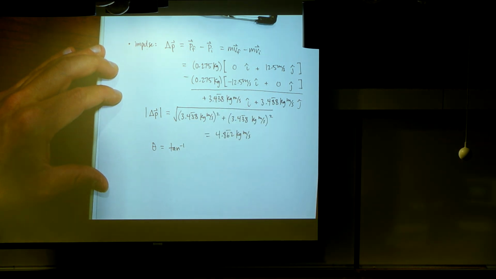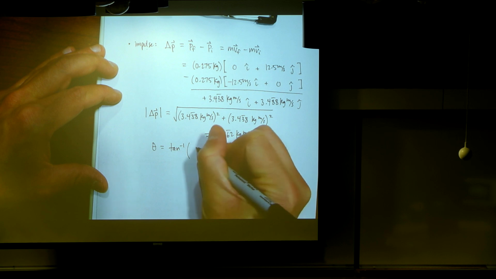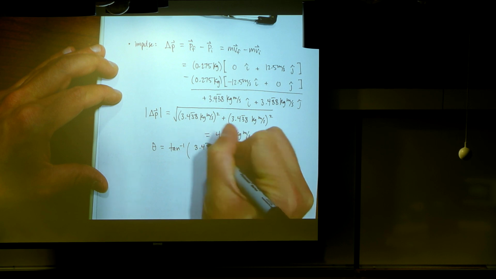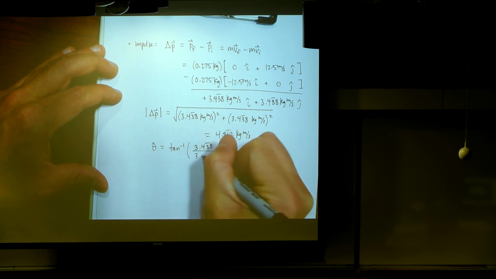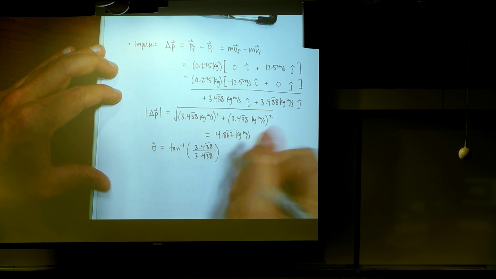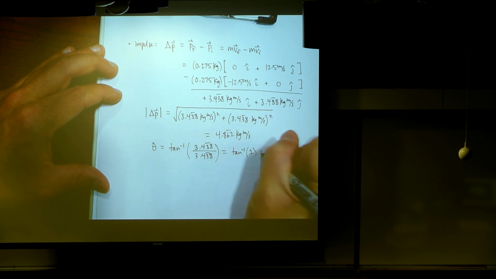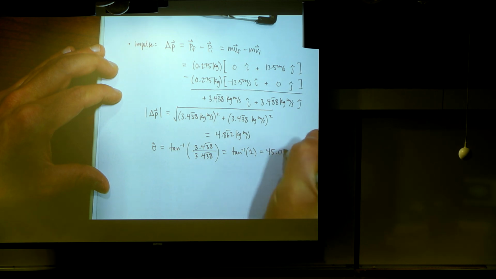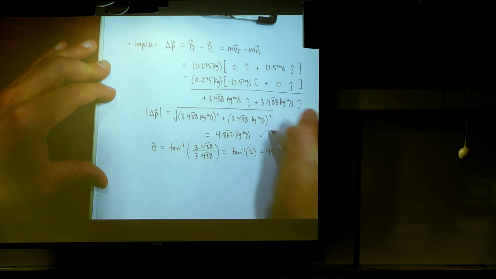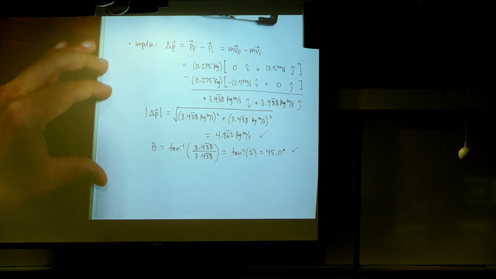That's generally how this works, right? So that'd be 3.438 over 3.438, which is the same as the inverse tangent of 1, which is 45 degrees. Okay, that's the impulse. Both magnitude and direction were found.